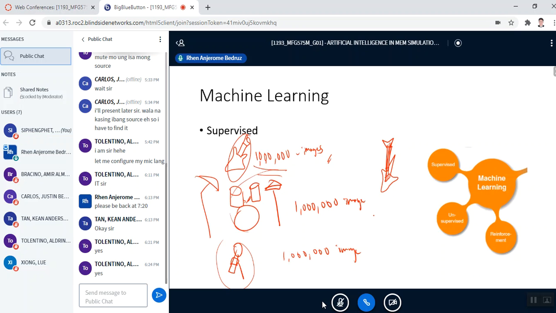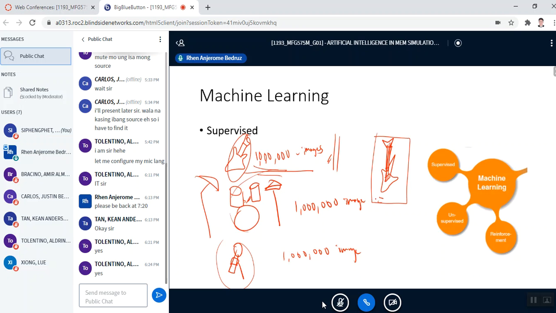Now, if I'm given a weirdly shaped guitar, since I'm trained, I have already seen 1 million images of guitars. Therefore, I know for a fact that this image is a guitar. Is that clear with you?